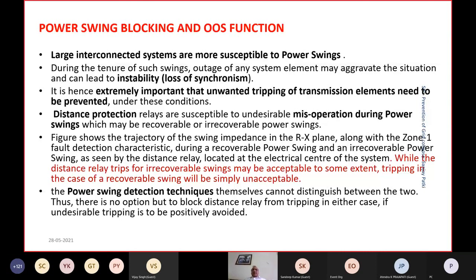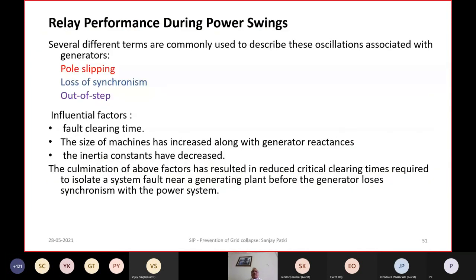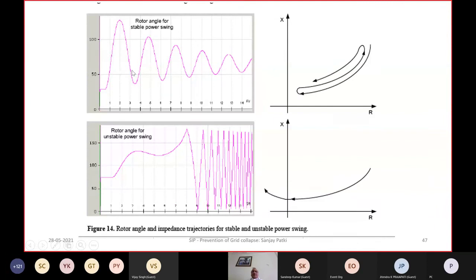The power handling capacity of the system will come down and instability will increase. And this power swing block will allow the system to recover, as we saw in this particular swing condition, and it will become stable after some time.